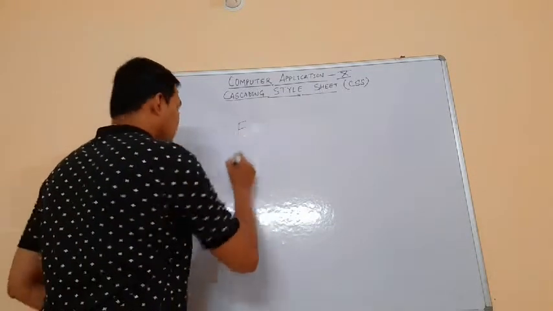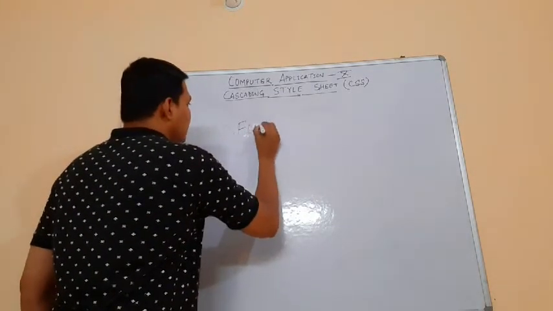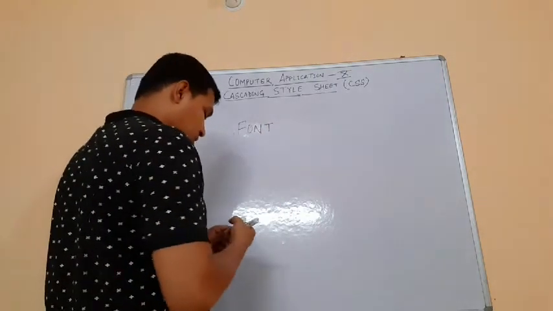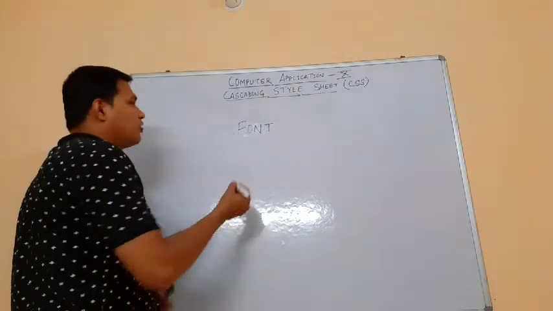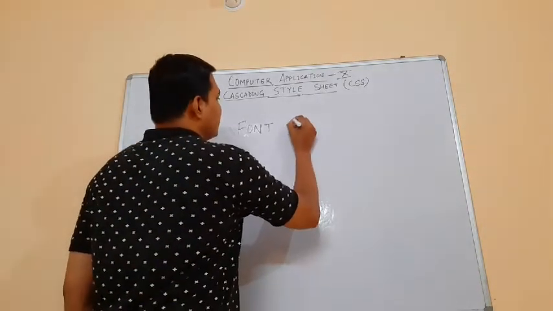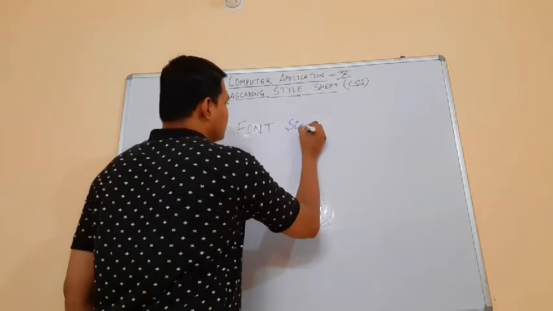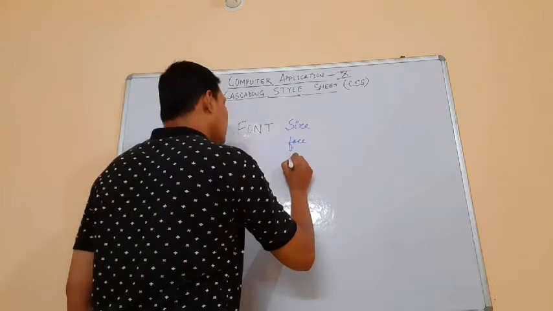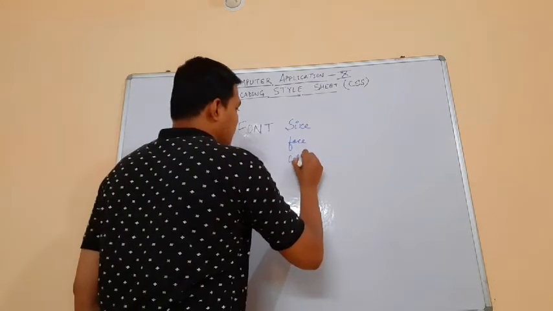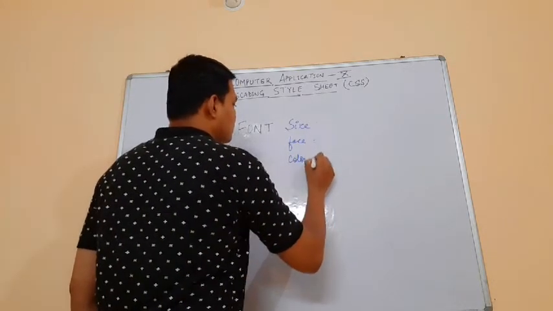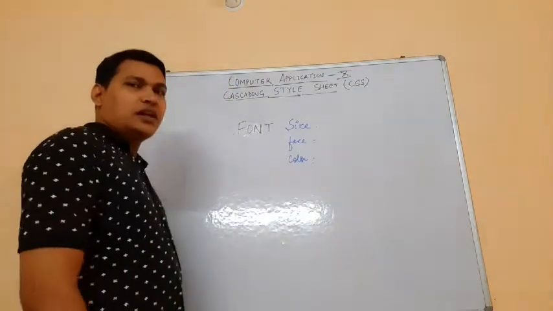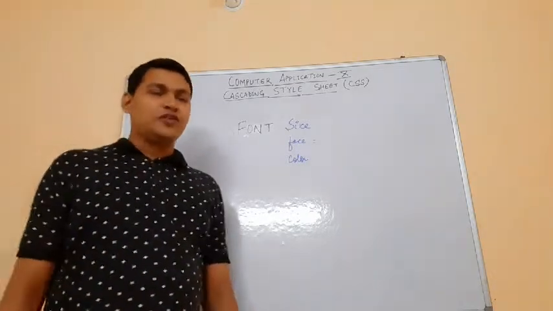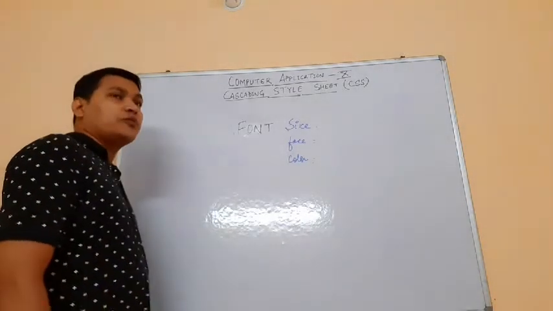In the font tag, you have studied the size attribute, the face attribute, and the color attribute in HTML. These are the three attributes that you discussed for font in HTML. But in my video today, I am going to discuss the font properties.